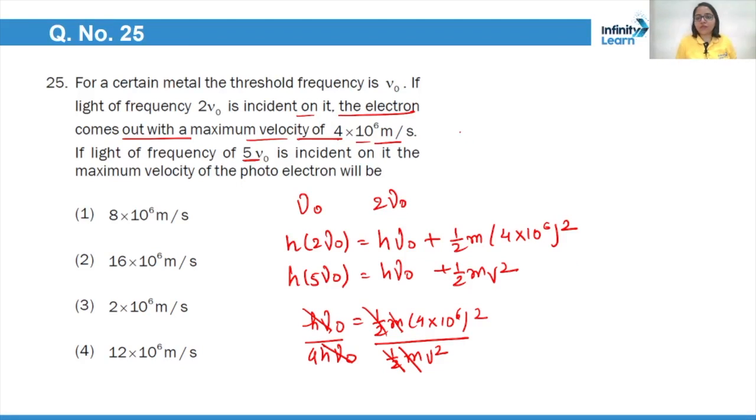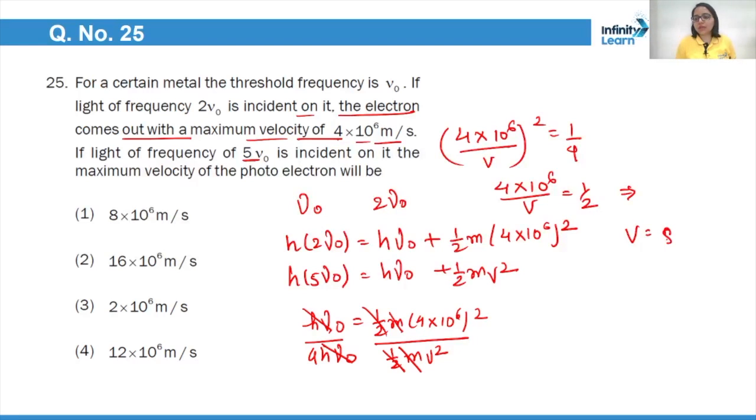So we have (4 into 10 power 6 divided by v) whole square as 1 by 4. So 4 into 10 power 6 divided by v will be 1 by 2, and velocity in second case will be 8 into 10 power 6 meter per second, which is option 1.